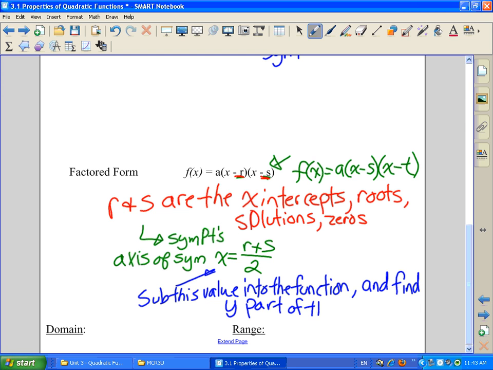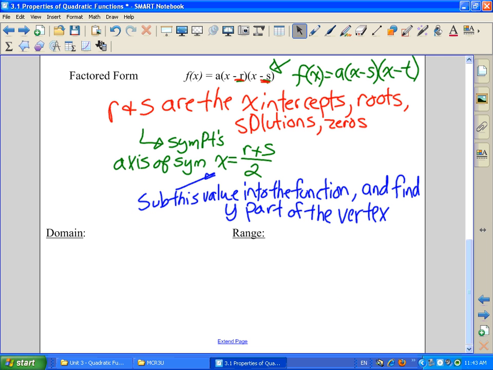So then you'll have the vertex, because remember guys, the axis of symmetry is the x coordinate, and then you sub it into the function and you'll find the y. And we'll do an example of that today further on in our lesson.